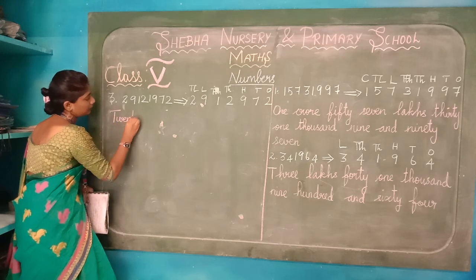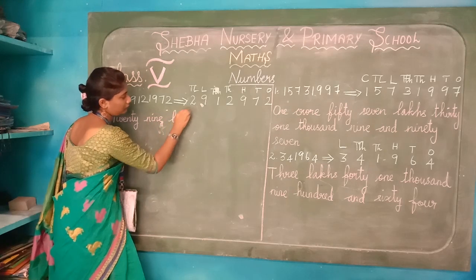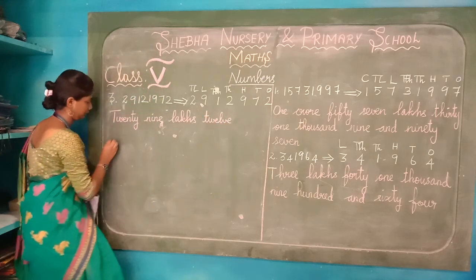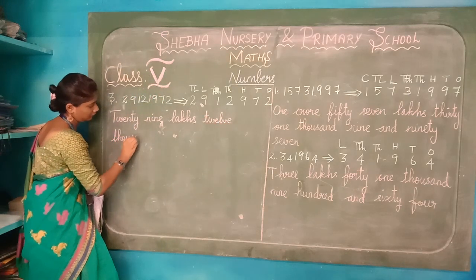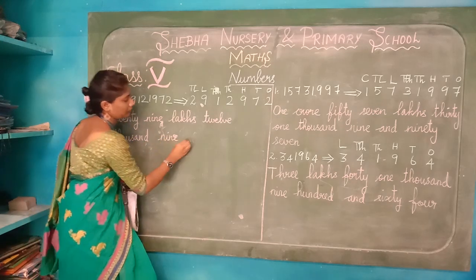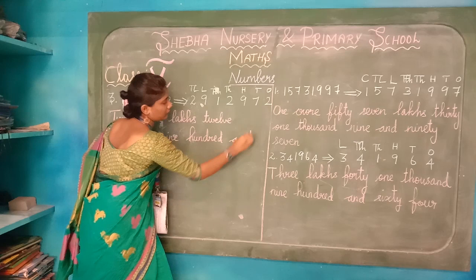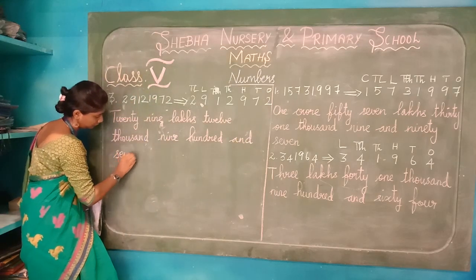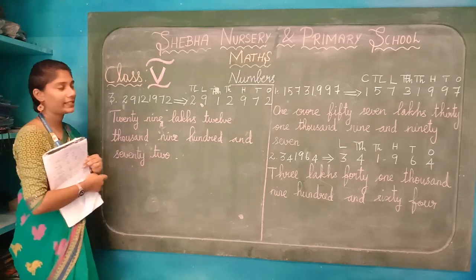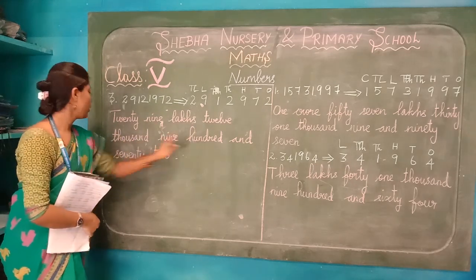29 lakhs, 12,000, 900, 72. So in this sum we get the answer 29 lakhs 12,972.